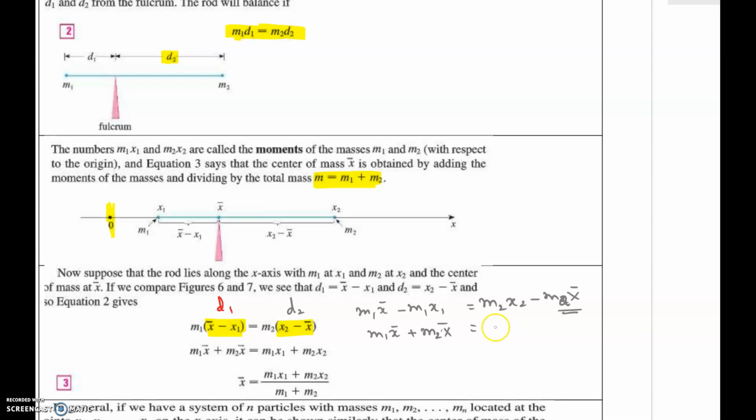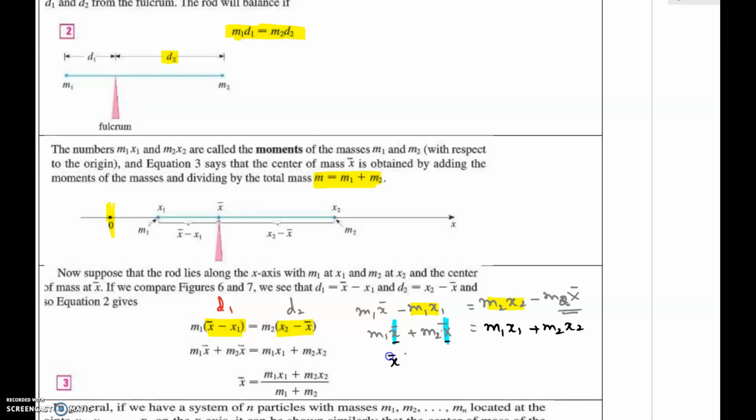The terms not involving x bar would be M1 x1 and M2 x2. If you take the left-hand side term to the right-hand side, the negative will become positive. That is M2 x2. Now factor out x bar.